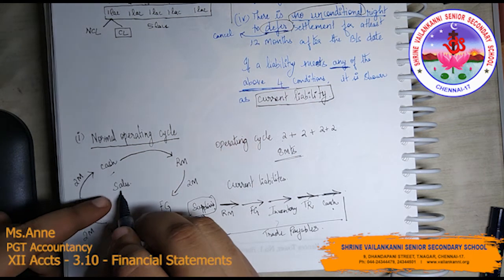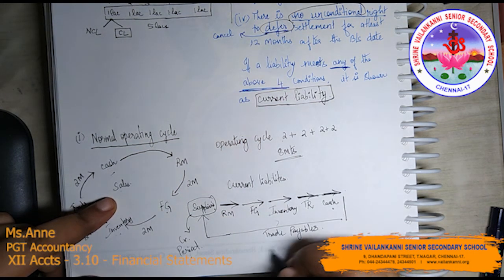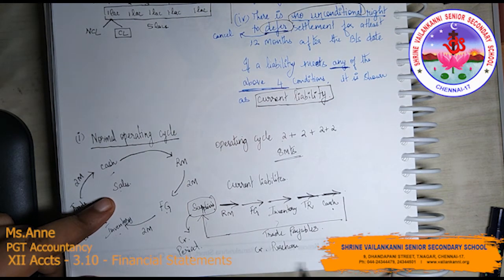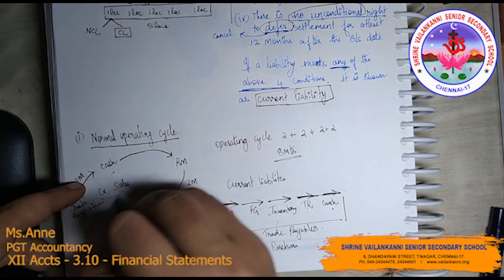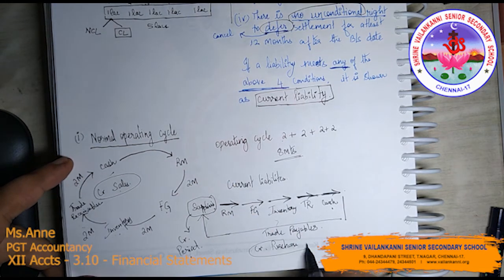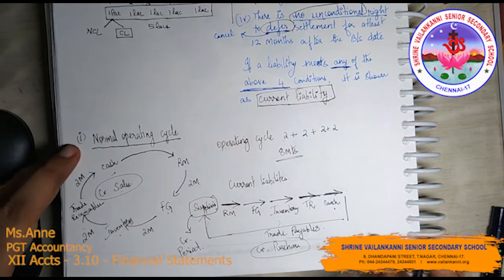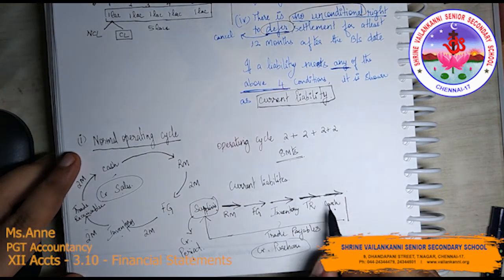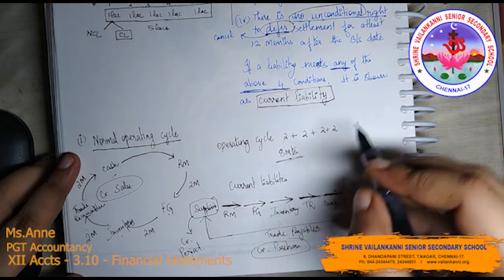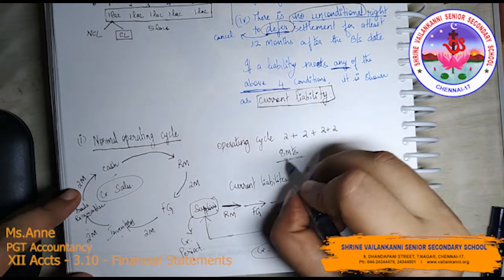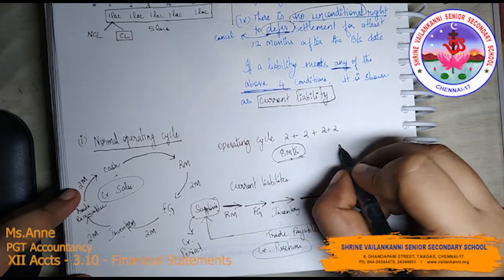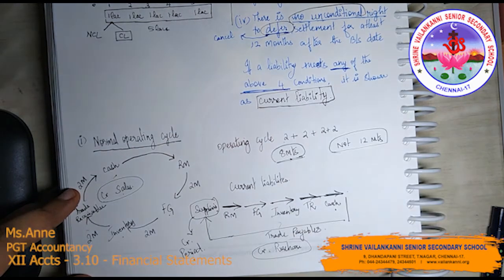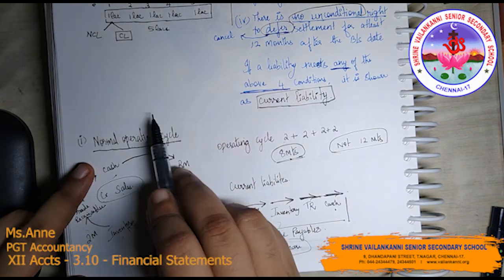Now this is a credit sales kind of a thing, this is a credit purchase kind of a thing. So try to understand within the normal operating cycle. Say for example this 8 months is the normal operating cycle, then we will consider 8 months only, not 12 months, for identifying the operating cycle.